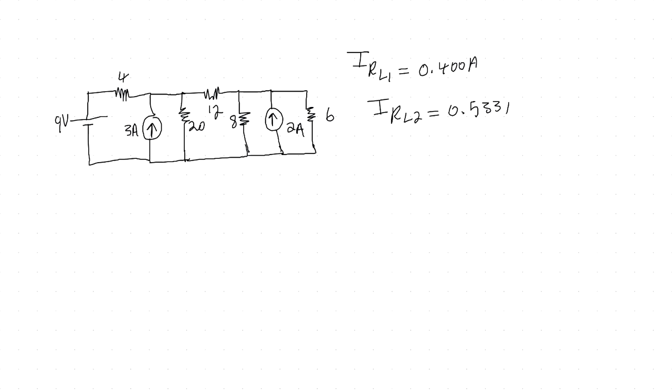Then IRL3 is 0.366 amperes. IRL1 is for 9 volts, then IRL2 is for 3 amperes, then the last one is for 2 amperes.